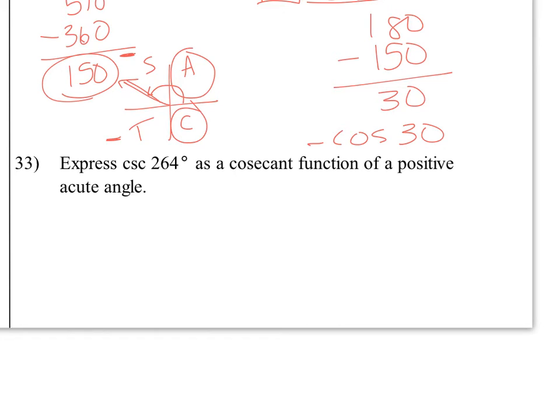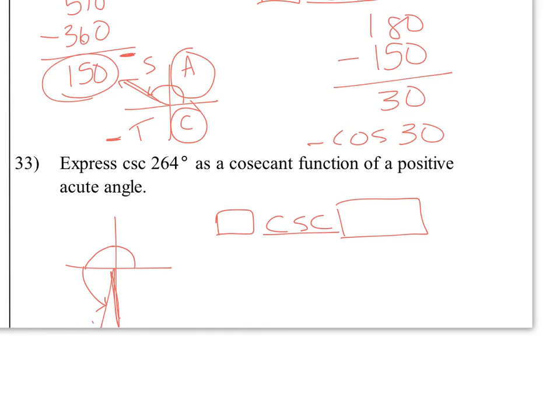Okay, same idea. Box, line, box. It's cosecant. 264. Let's do 264 first. This is 90, 180. 270 would be all the way to there, so it gets close, but it's still in quadrant 3. Cosecant is the reciprocal of sine.